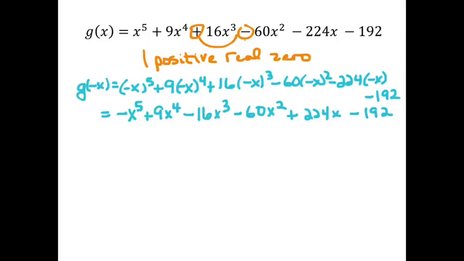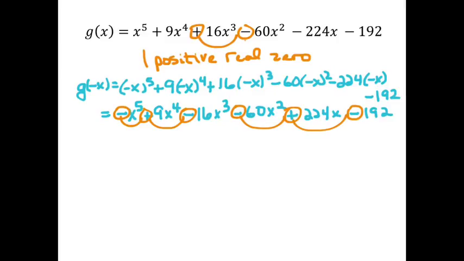So now let's count our sign changes. Our first term is negative and the second term is positive, so there's a sign change. Then my next term is negative, so I've got another sign change there. The next term is negative, so we're still the same. But the next term is positive, so here I've got a sign change from negative to positive. And then my last term is negative, so another sign change there. So this time we've ended up with 4 sign changes.